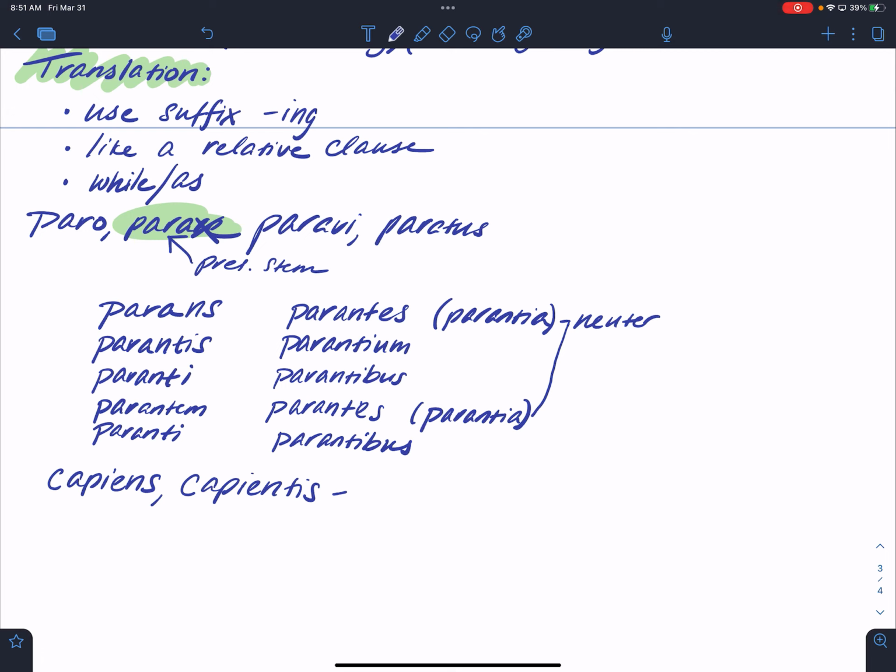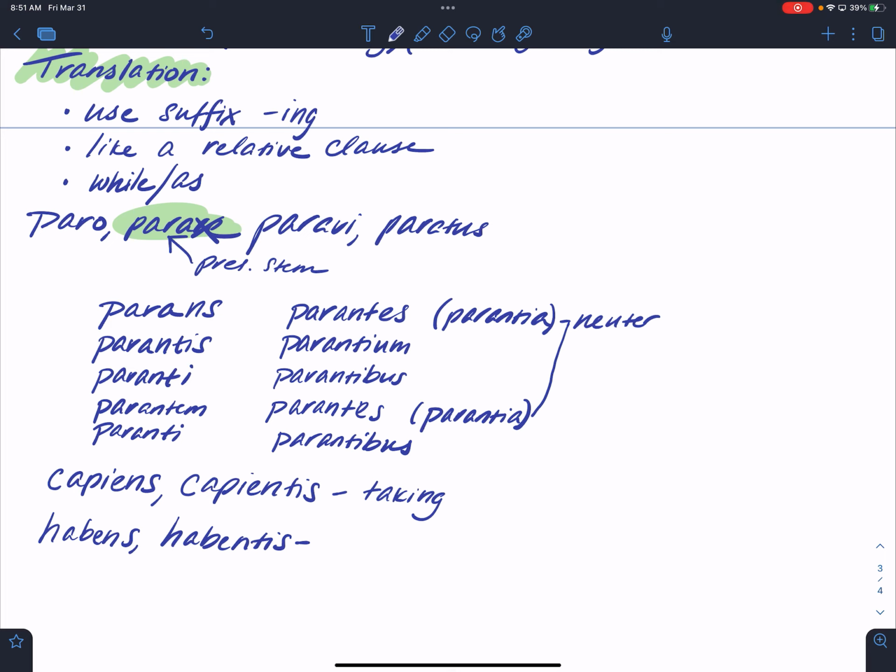So capio, capere, cepi, captus. Captured or to take. Okay, so this is like taking. Snatching. Okay, we've got habens, habentis. It comes from habeo, habere, habui, habitus.